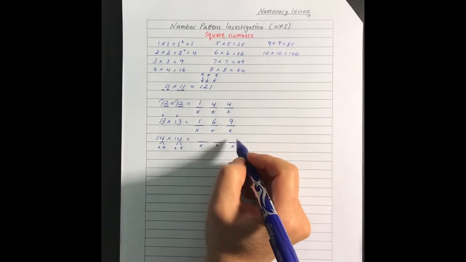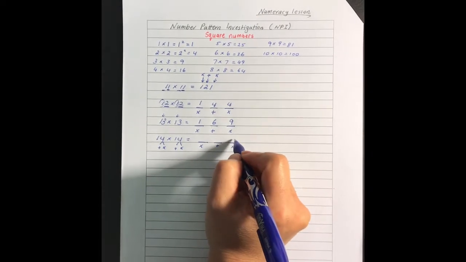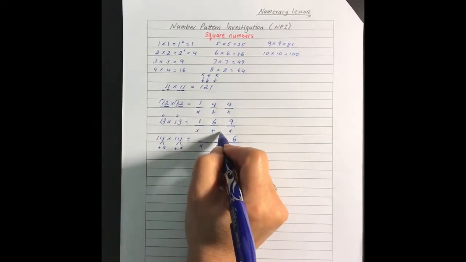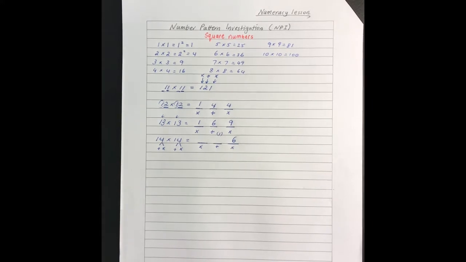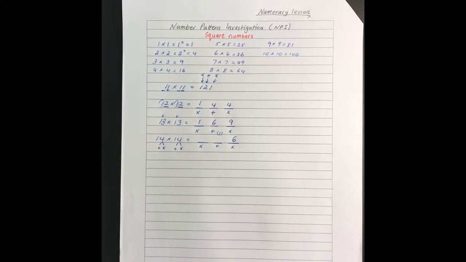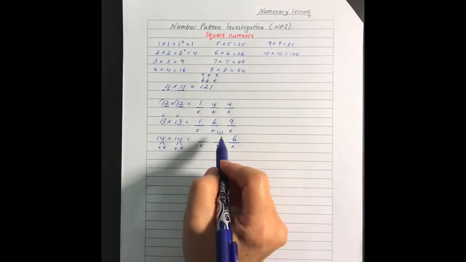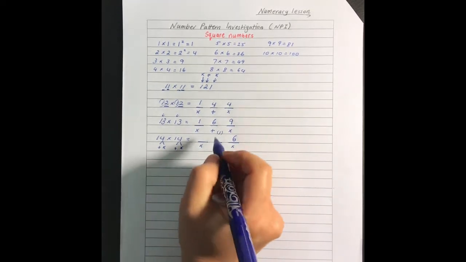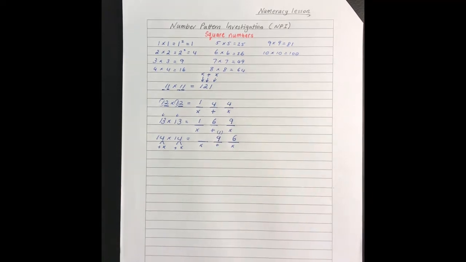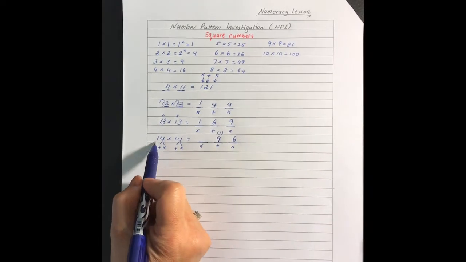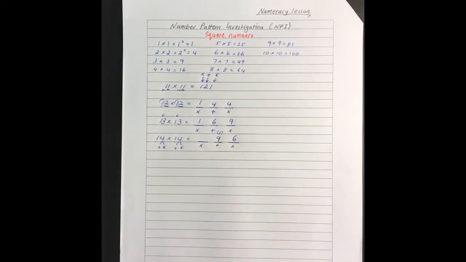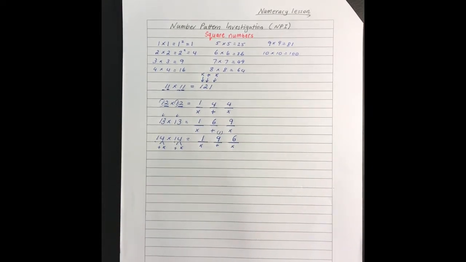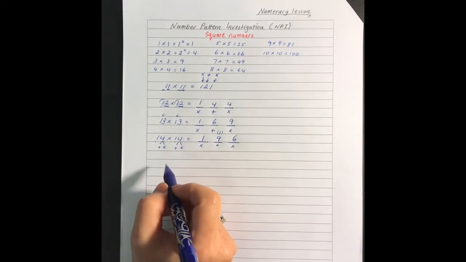So 4 times 4 is 16. 6 down, 1 up. Now, 4 plus 4 is 8, but we have a 1 already there waiting to be added on, so it would be 9. And then we're moving on to the tens place. 1 times 1 is 1, 196. Okay, so that was okay.